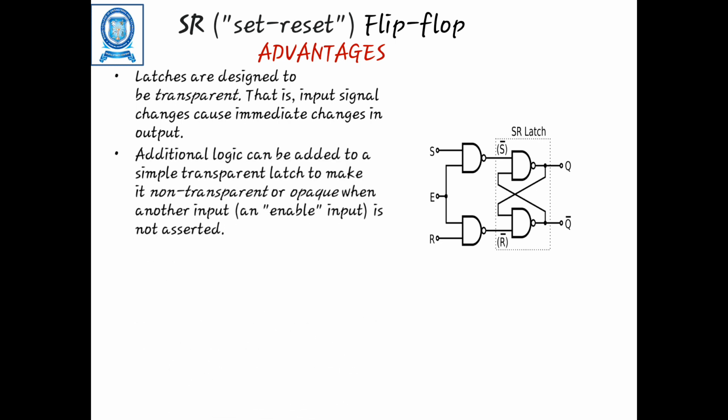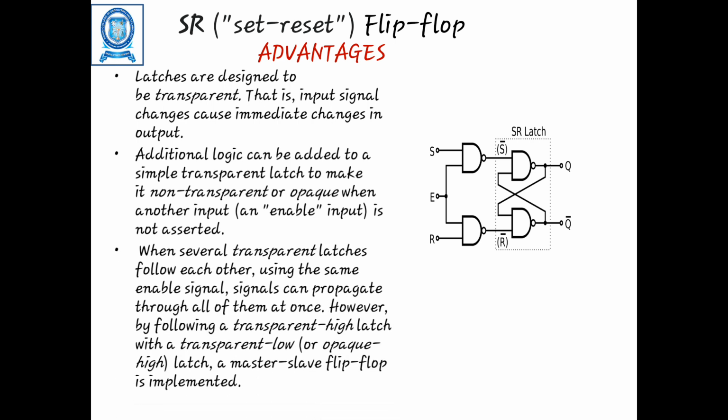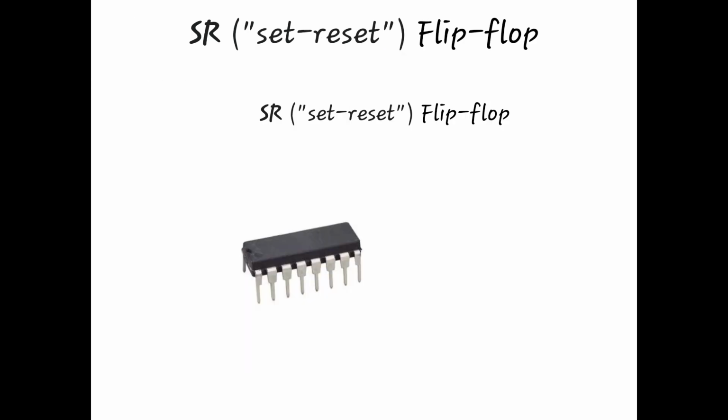Additional logic can be added to a simple transparent latch to make it non-transparent, with an enable input. When several transparent latches follow each other using the same enable signal, signals can propagate through all the latches or flip-flops at the same time, so some delay will occur.